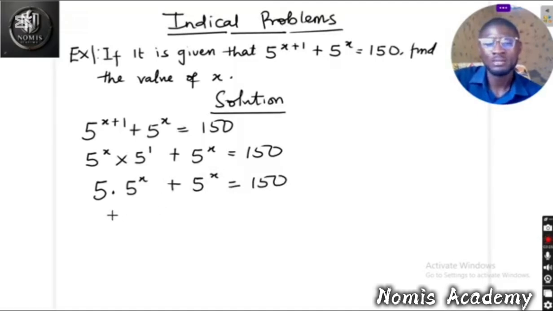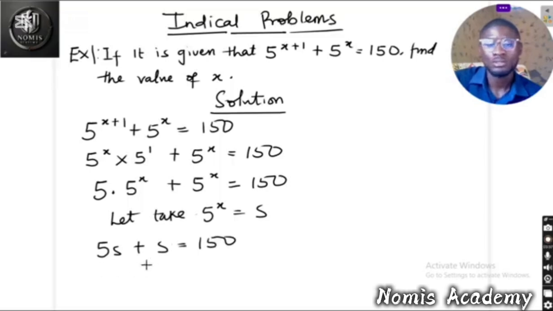So let's take 5 raised to the power of x to be equal to s. So if it is equal to s, then that means 5s plus s is equal to 150. So that gives us 6s. 6s is equal to 150.